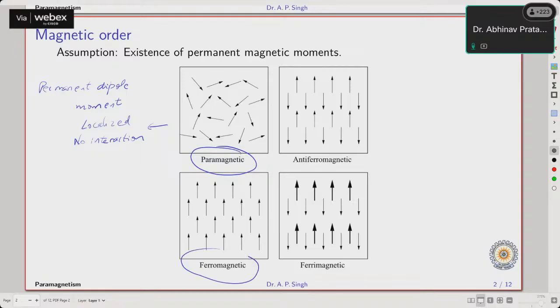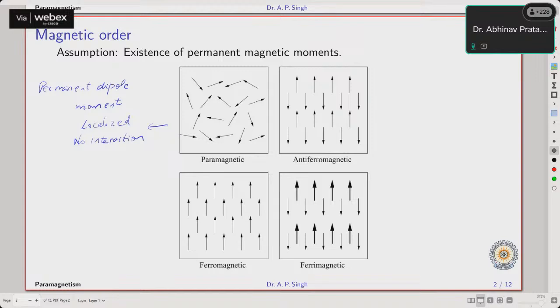What are ferromagnetic materials, or what is the difference of paramagnetic material with respect to these other two kinds of material, is that in these other types of magnetic materials, there is an interaction between them. That means that if one of them is, let us say, in the spin up direction, then the other will be affected by the direction of that particular magnetic dipole moment.